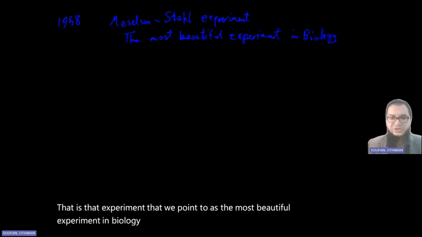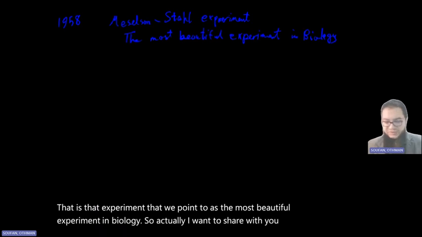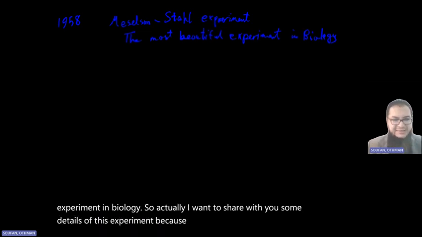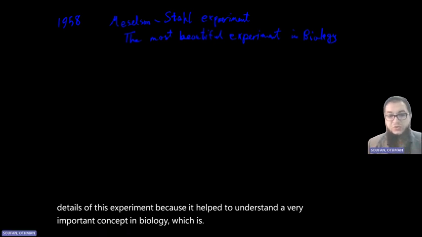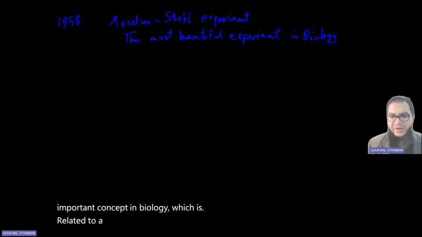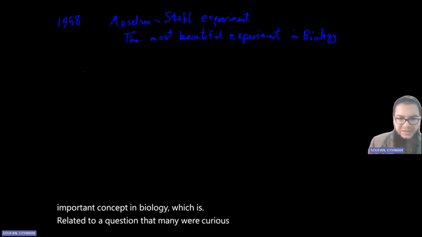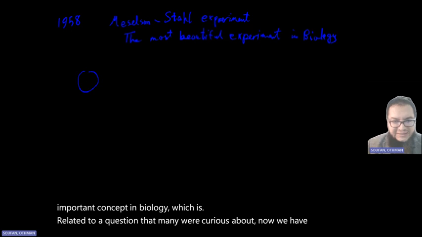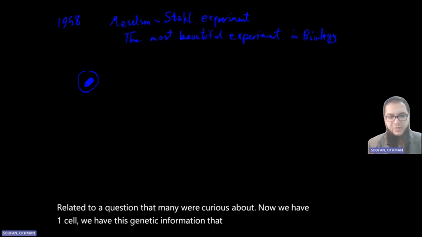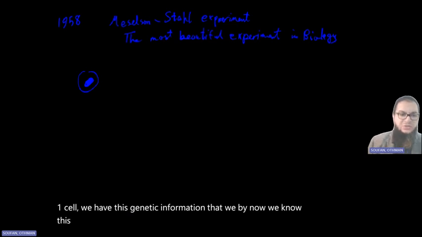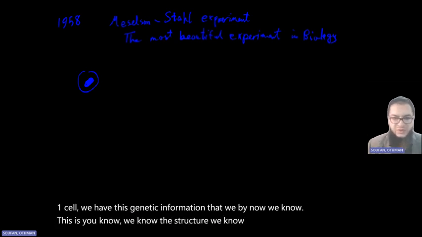So I want to share with you some details of this experiment because it helped to understand a very important concept in biology, related to a question that many were curious about. Now, we have one cell with genetic information, and by now we know the structure, the double helix.